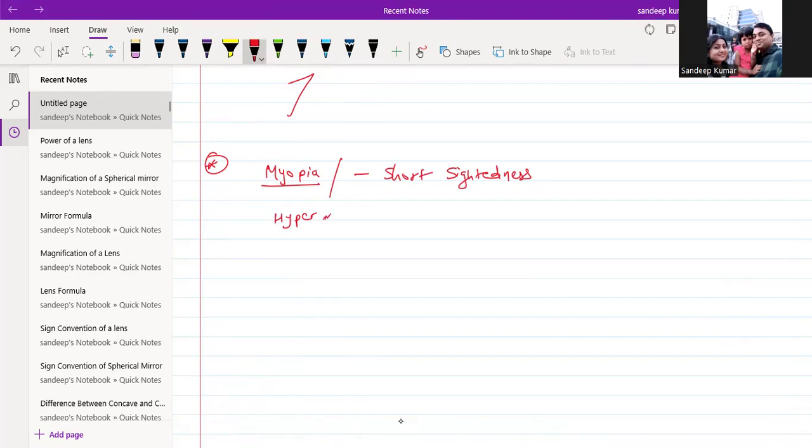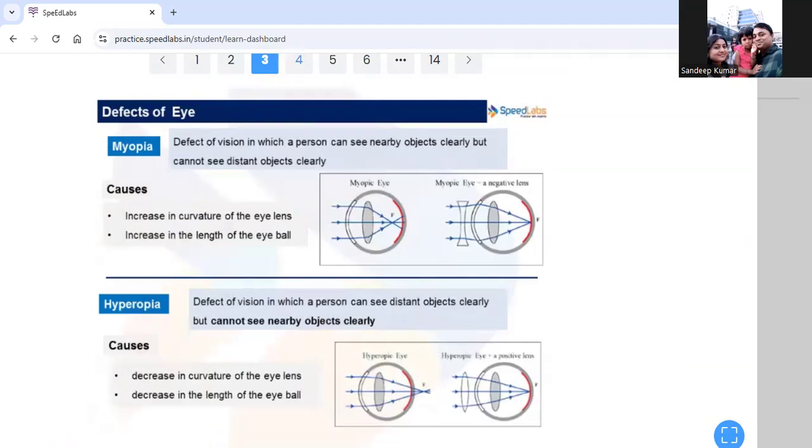Hypermetropia, spelling H-Y-P-E-R-M-E-T-R-O-P-I-A. It is also called long-sightedness. Is it clear? I hope you understood this concept, children.